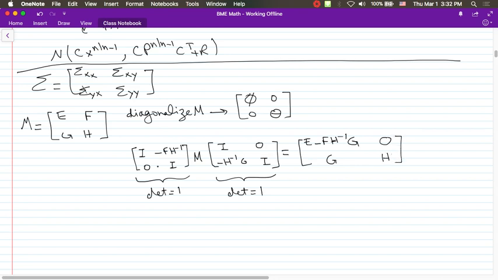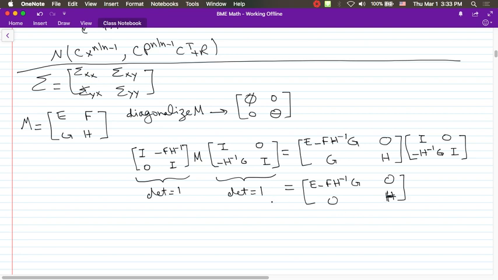So all I did is I multiplied this by M. Now what I have left is this term here. It's identity, 0, minus H inverse G, identity. So now I multiplied once more. So multiply this term times identity times 0 times this term. I get E minus F H inverse G, 0, 0, H.